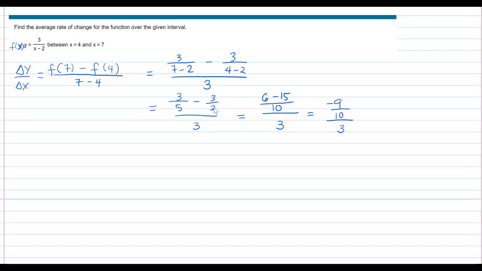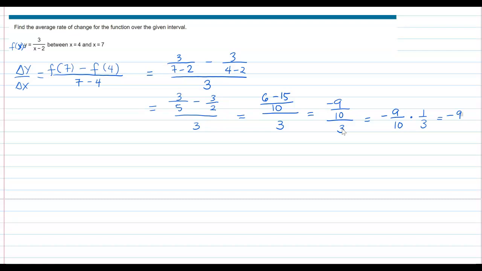Now if you divide, remember when dividing a fraction, all you need to do is get the reciprocal of the divisor and then proceed to multiplication. So this is the same as negative 9 over 10 times, now the reciprocal of 3 is 1/3, so times 1/3. So this is equal to negative 9.